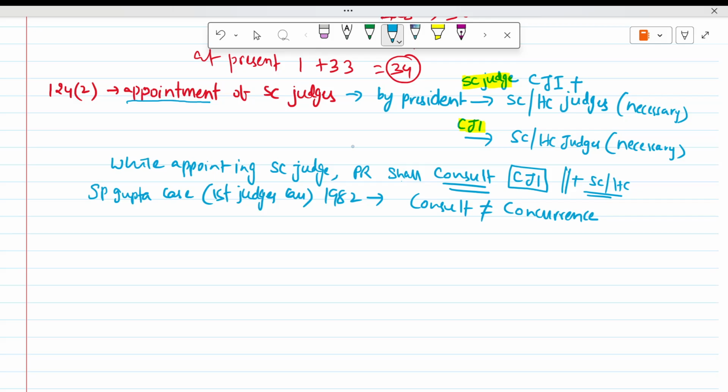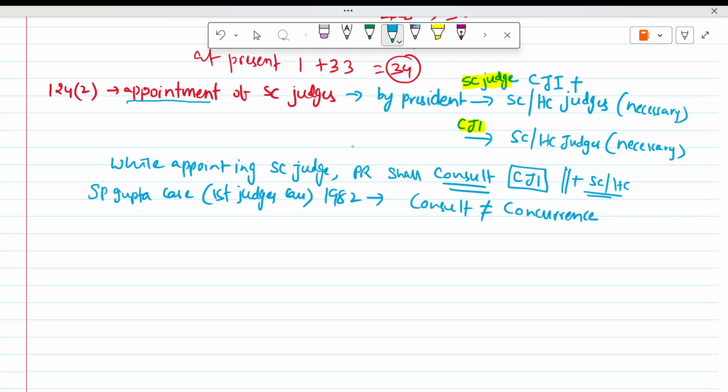Then the CJI says yes or whatever, and the President doesn't have to care. Consultation means the President can consult the CJI, but it is not binding on the President to follow whatever the CJI is saying.